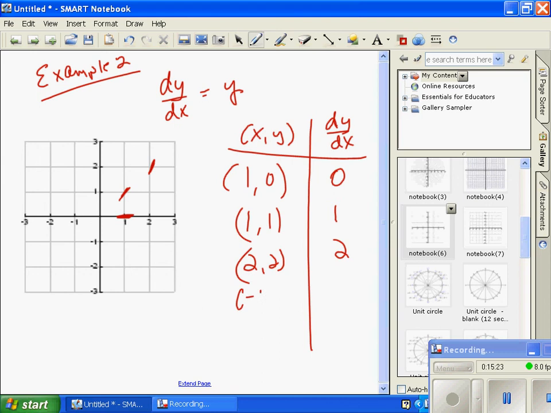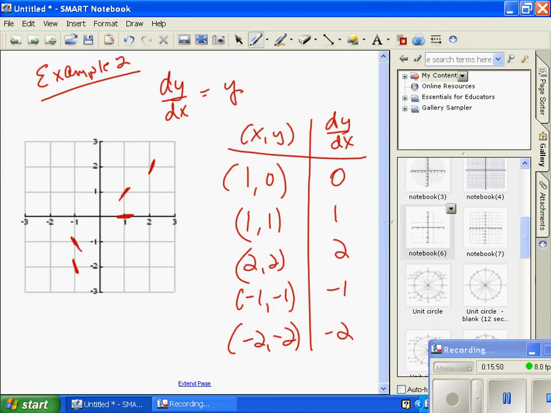Say I want to plug in something like (-1, -1). I just get a y value of -1. So I go to the point (-1, -1), my y value is -1. So say I want to put in (-2, -2), my y value is -2. Okay, so you get the idea, so you can go ahead and fill in maybe the rest of that.